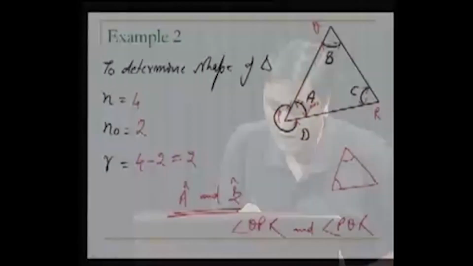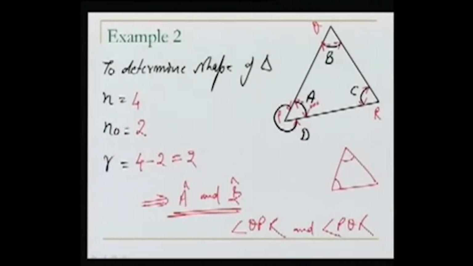So these are our parameters here, 2 parameters. Now we will try to adjust this problem by 2 methods, the observation equation method and the condition equation method. So first of all, we will try to do it by the observation equation method.